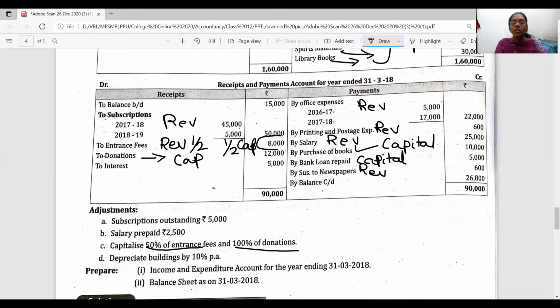Entrance fees, how much is given? 8,000. So 4,000 will be taken into the income and expenditure account. The other 4,000 has to be put under the balance sheet. So for entrance fees, remember, in the absence of any instruction, treat it as revenue, and give a note if possible.